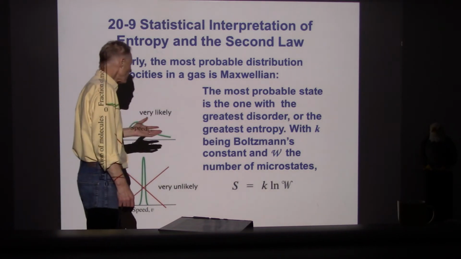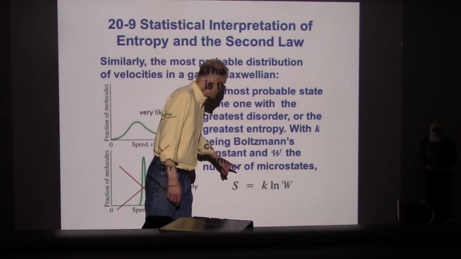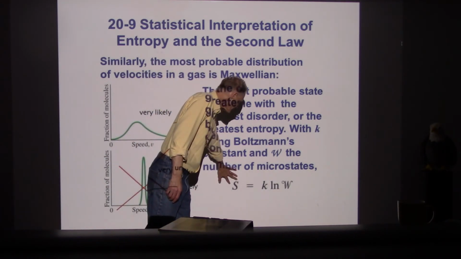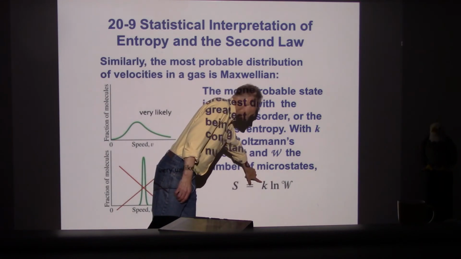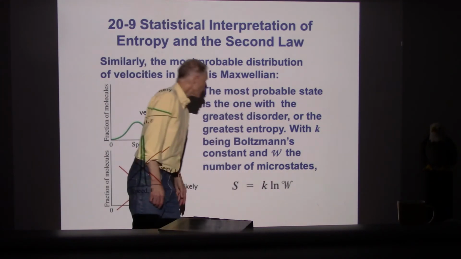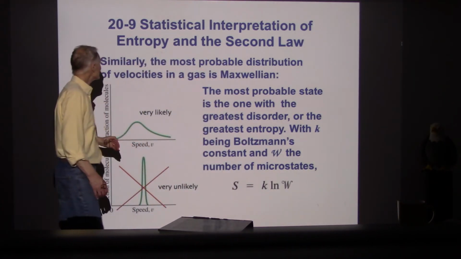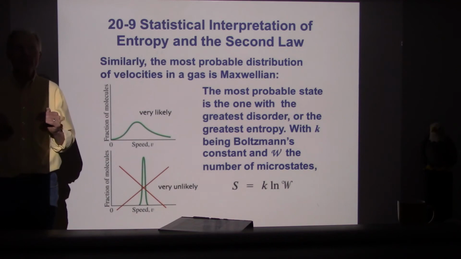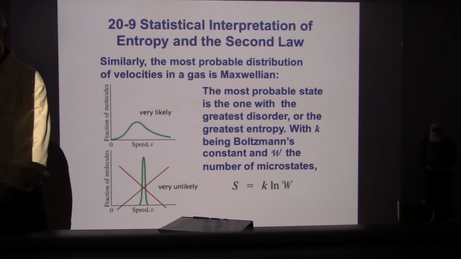Now, there's a formula that Ludwig Boltzmann came up with where he calculated entropy in terms of Boltzmann's constant, there it is, times the logarithm of W, and W has to do with the number of ways that that particular configuration could happen.